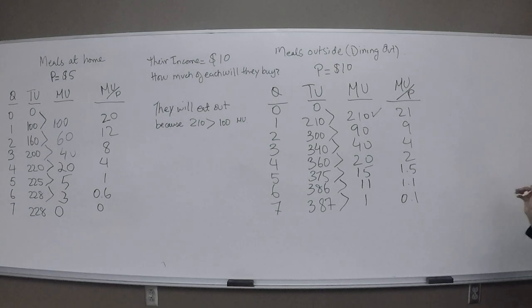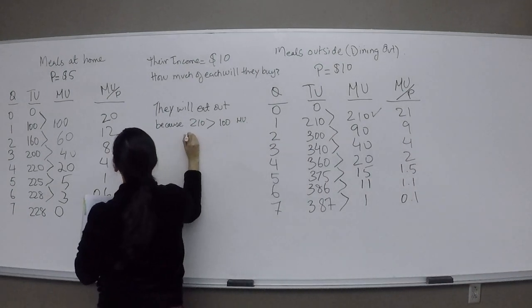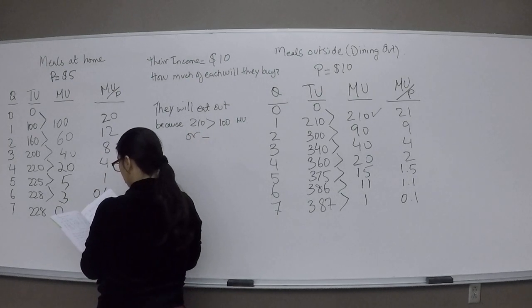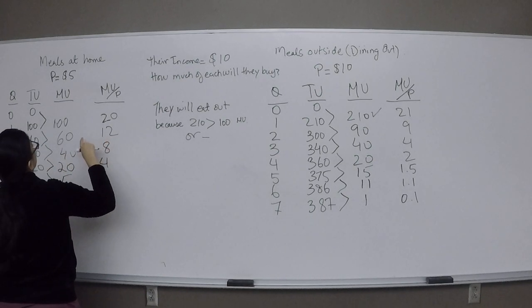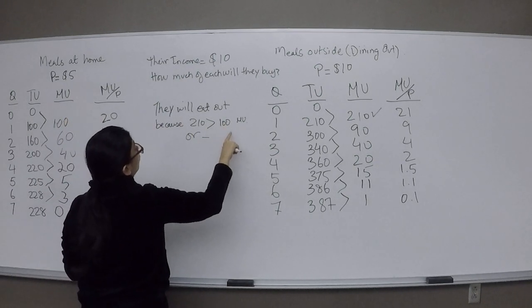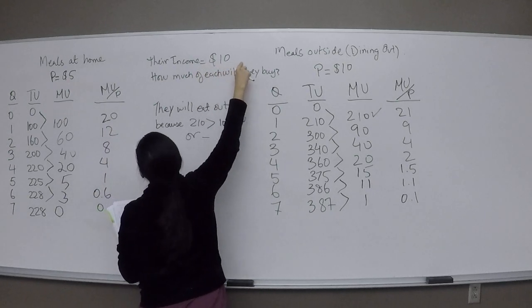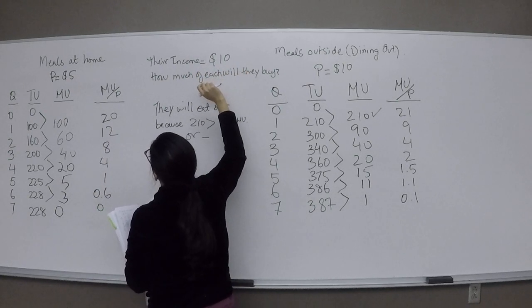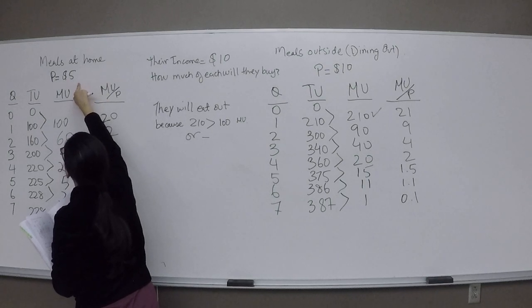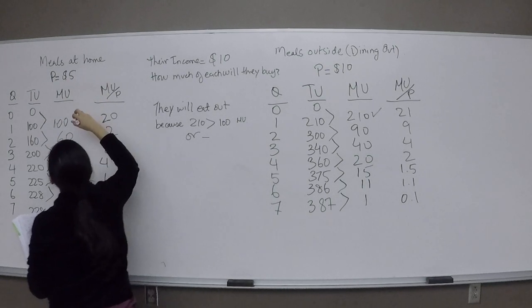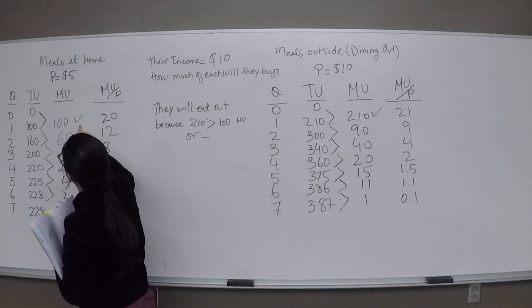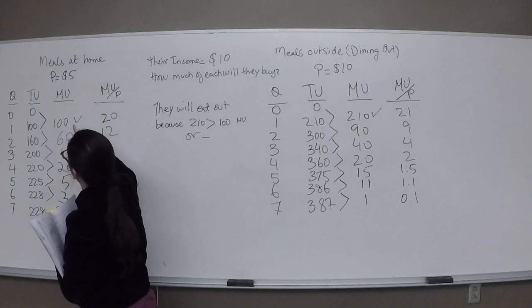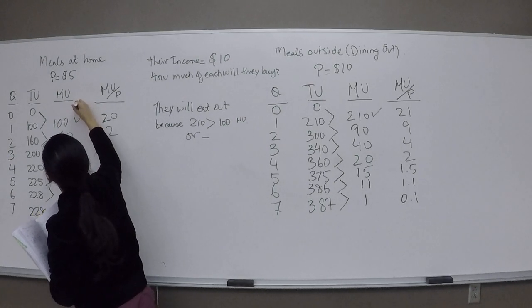So they could eat out for 210, or what they could do is spend. They have $10 as their income, right? And the meals at home cost $5. So they could have the first meal at home, which is 100 marginal utility, and that costs $5.